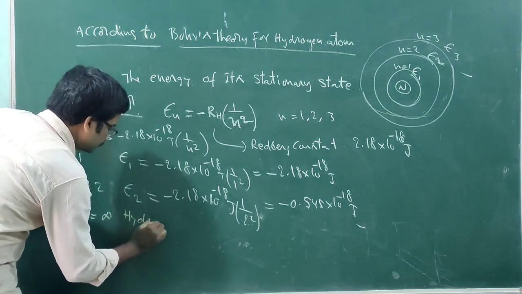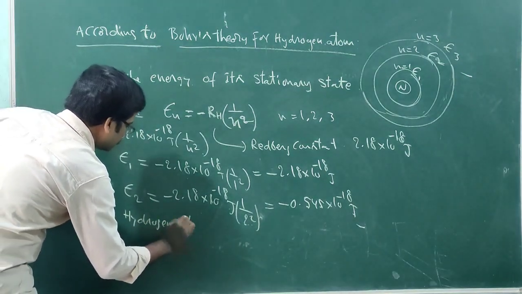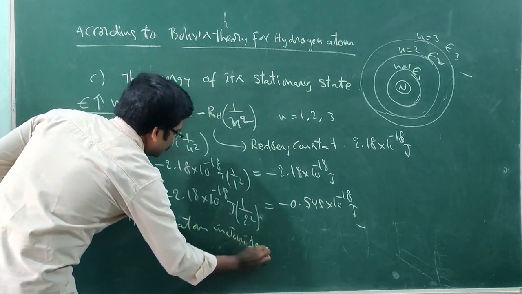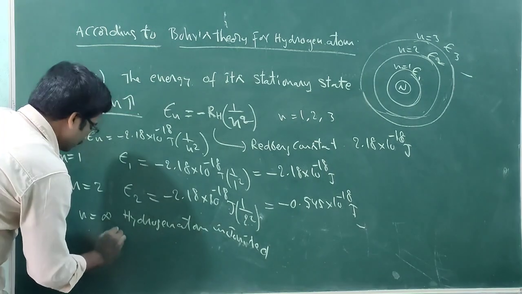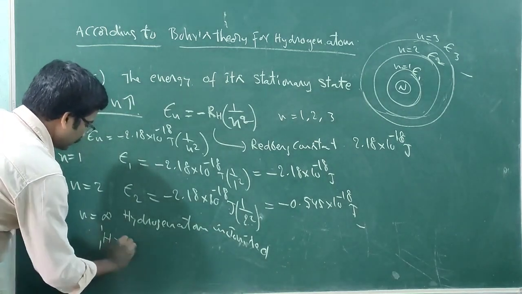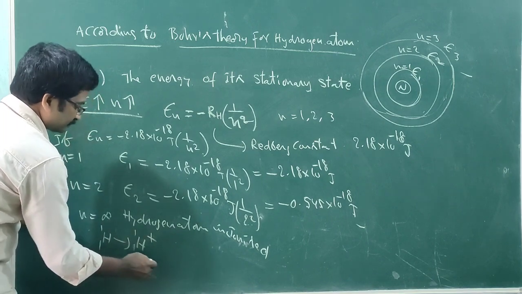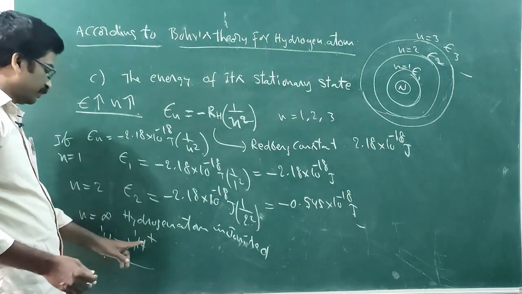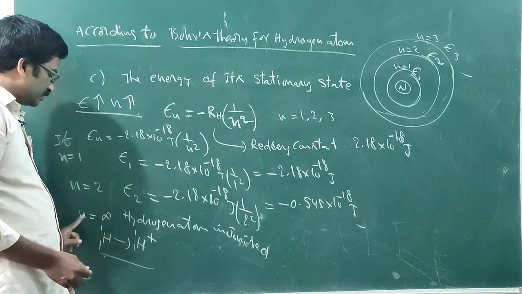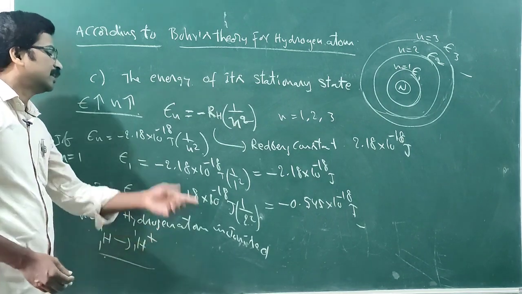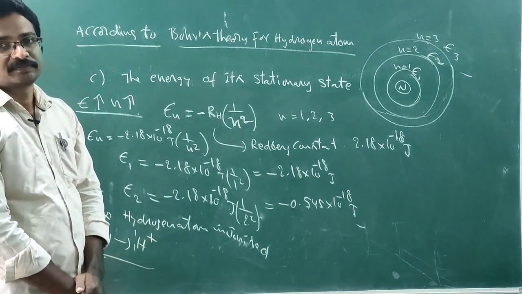Hydrogen has one electron, and if you remove that one electron, you get the ionized atom. At n equal to infinity, the hydrogen atom is ionized.